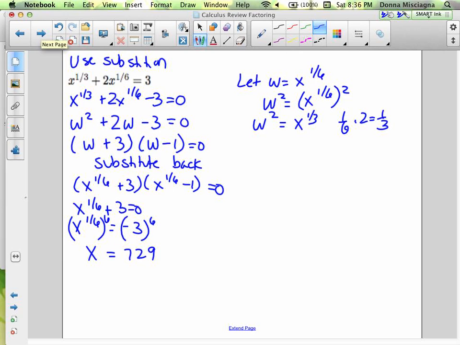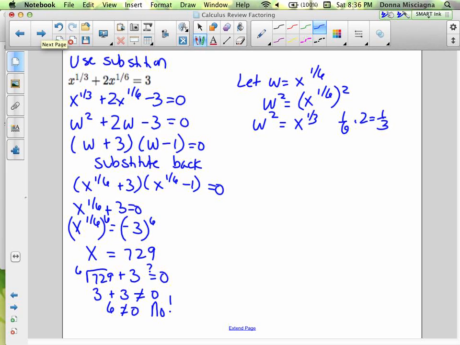The 6th root of 729 plus 3 is supposed to equal 0. Well, the 6th root of 729 is 3, and 3 plus 3 does not equal 0. So 6 is not 0. So this is a no. That one is not a solution.